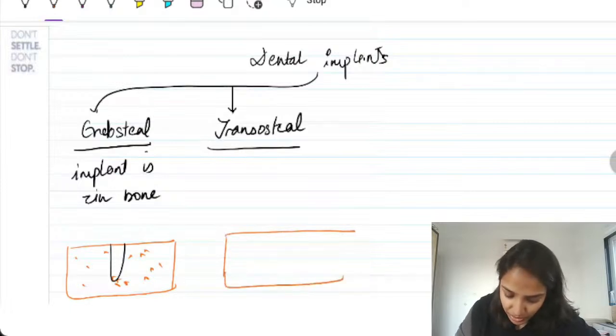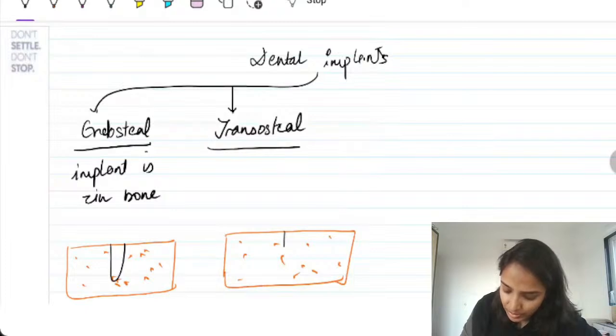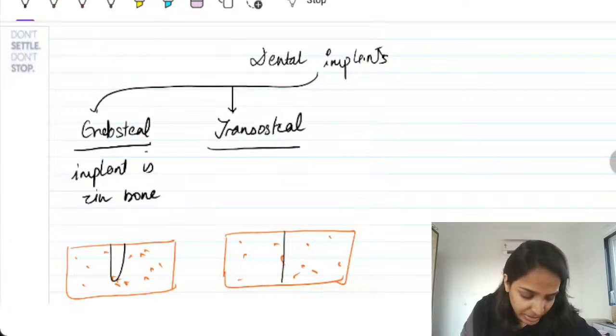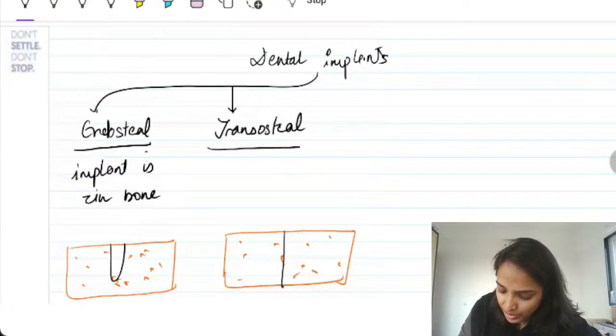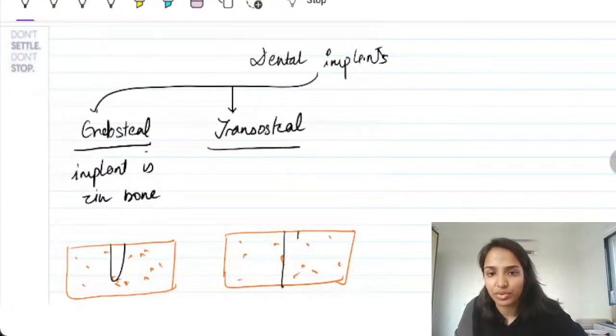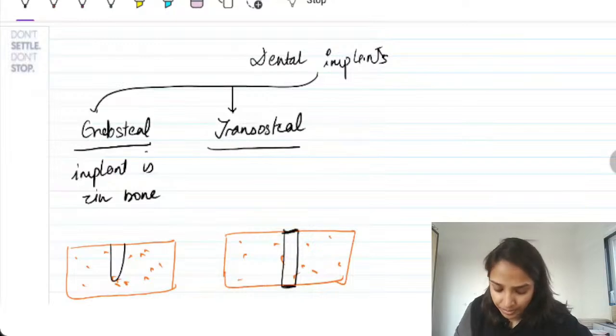Third variety is called as subperiosteal. These are implants that lie or sit over the bone, right? And the fourth variety is called as mucosal implants. As the name suggests, they are in mucosa. Fine.